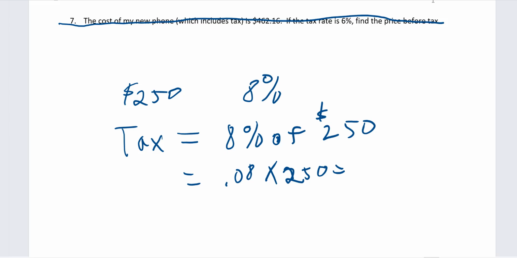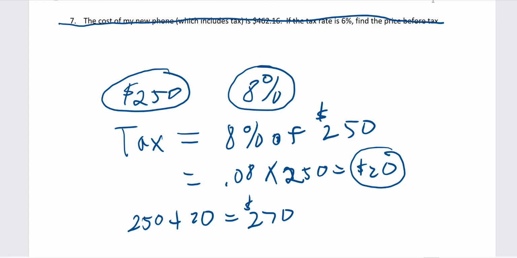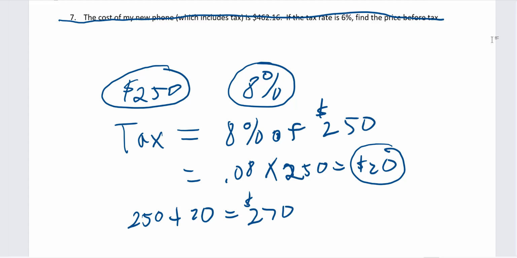And let me grab a calculator and do that. 0.08 times 250 is $20. So the phone costs $250, but there is an additional 8% tax. The 8% tax becomes $20, and so the final cost of the phone in my new scenario is $250 plus 20, which is $270.